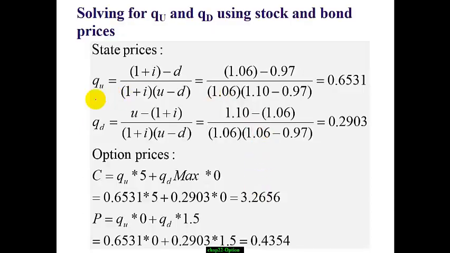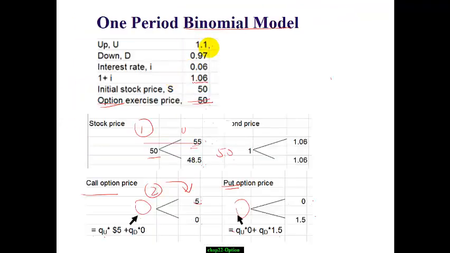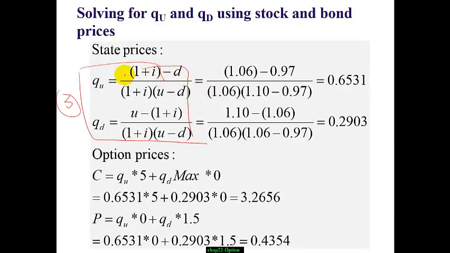Step 3 is we're going to use these formulas here. Based on the up or down moves, all these interest rate and stock price formulas, we figure out qu and qd, these numbers. I want to call your attention, this is not 1 plus i.